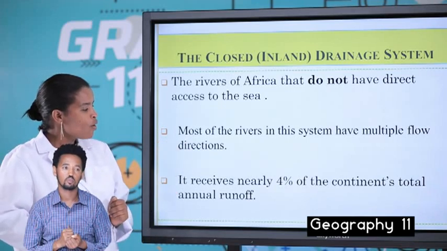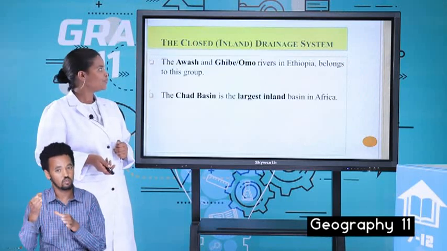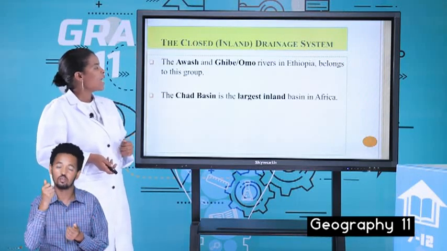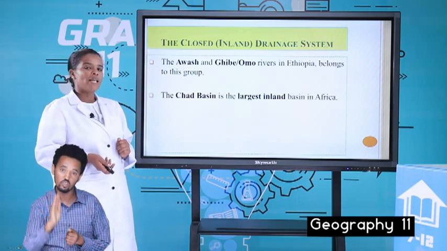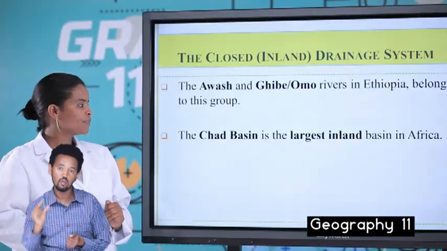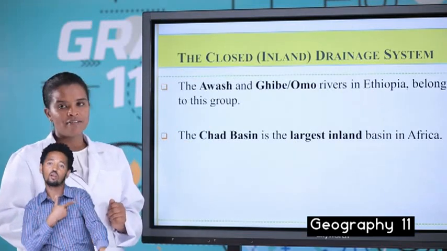It receives nearly 4% of the continent's total annual runoff. The Awash and Gibe or Omo River in Ethiopia belong to this group. The Chad Basin is the largest inland basin in Africa.